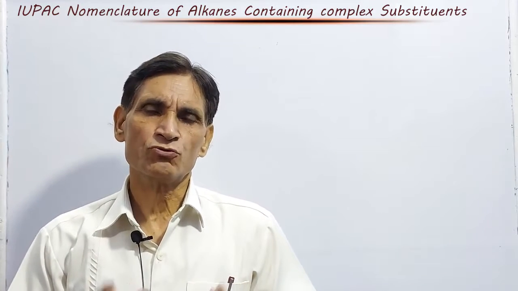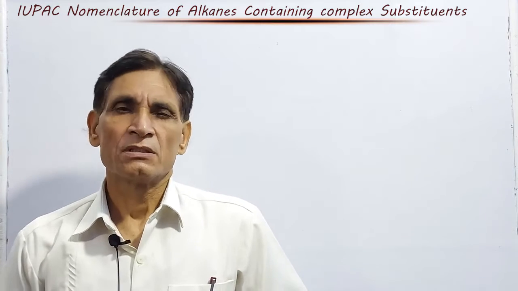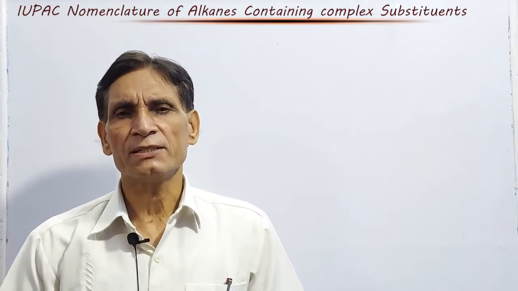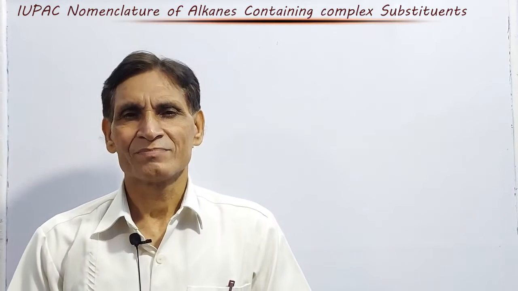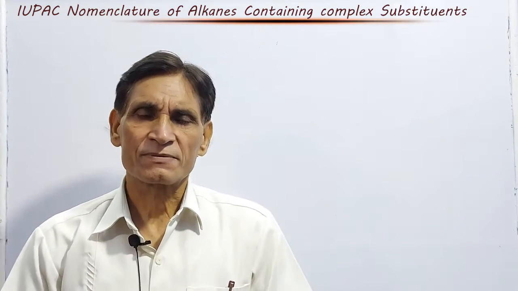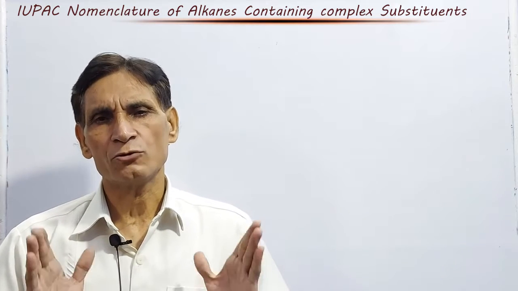Hello students, in this video I am going to tell you the IUPAC nomenclature of alkanes containing complex substituents. First, what is a complex substituent? If the side chain or alkyl group present in the parent chain is further substituted, then it is called a substituted alkyl group.